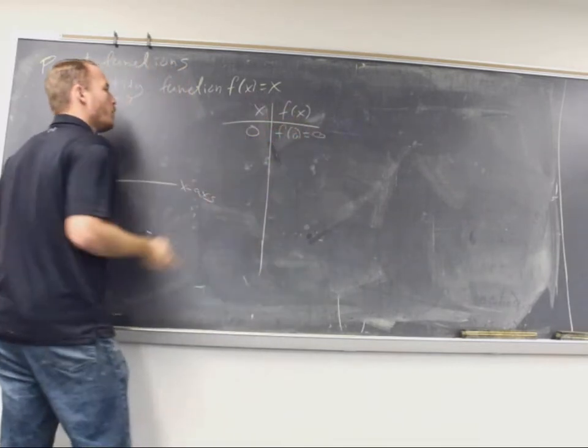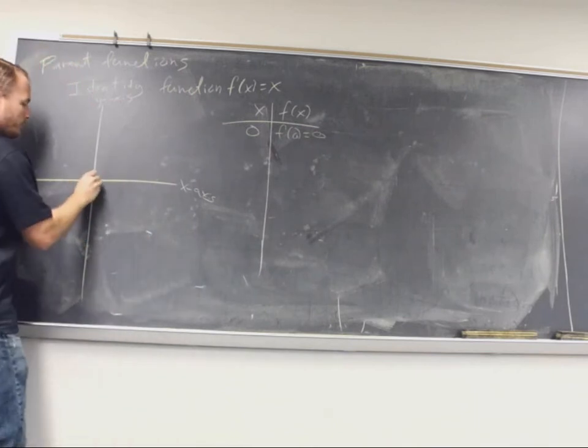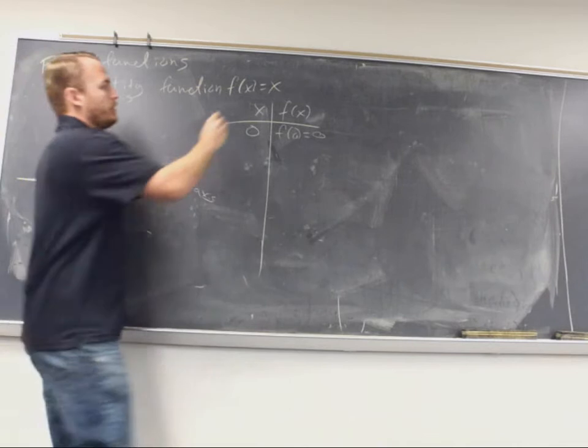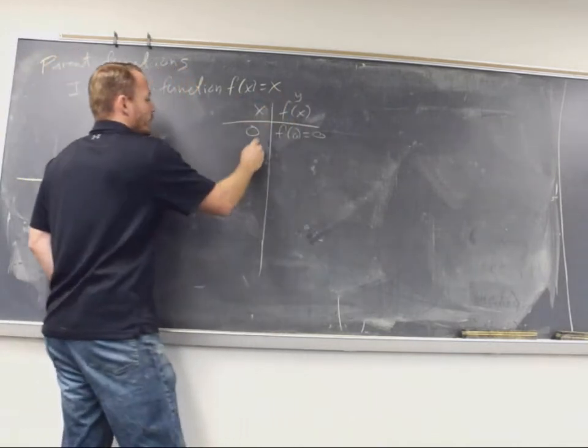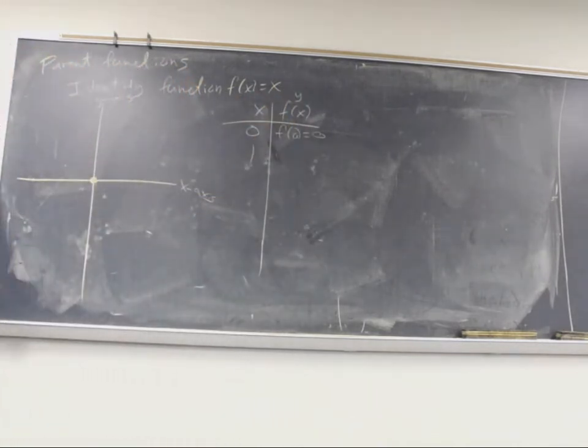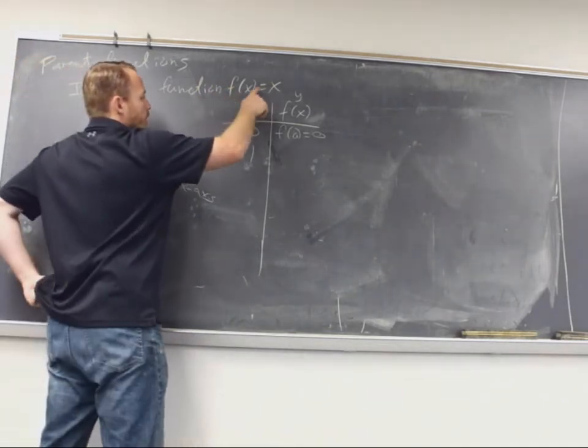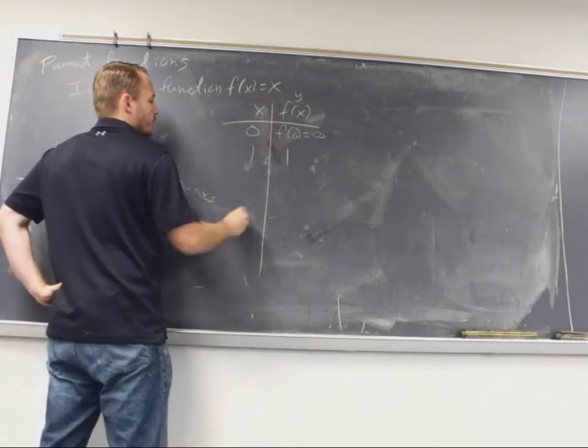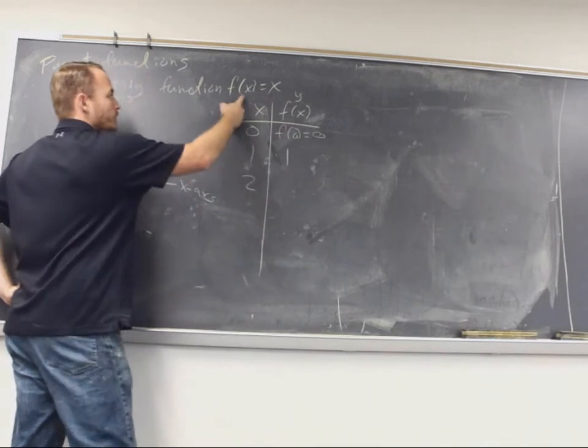So that point is 0, 0. Remember, f of x is the same thing as y. Now if I use x equals 1, I plug 1 into this function, so I get 1. And then I plug in 2, and I get 2.